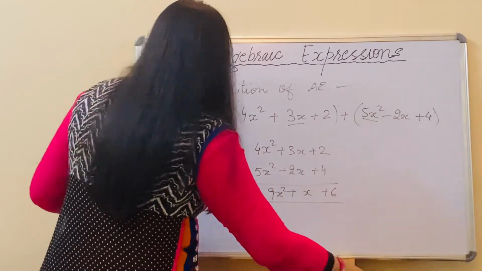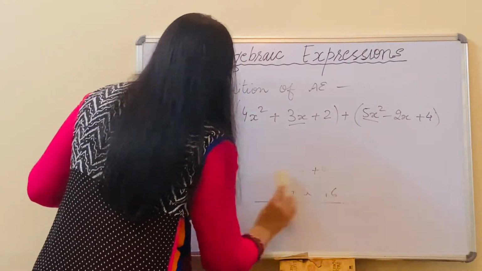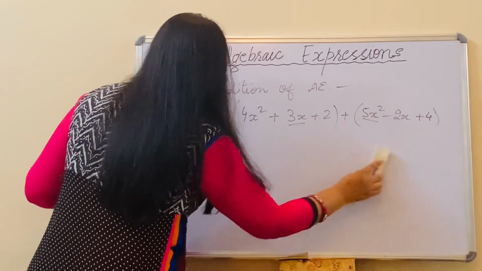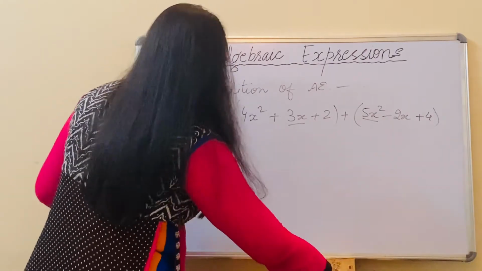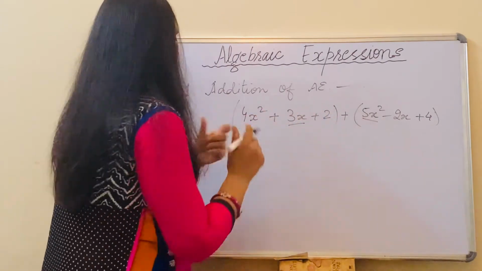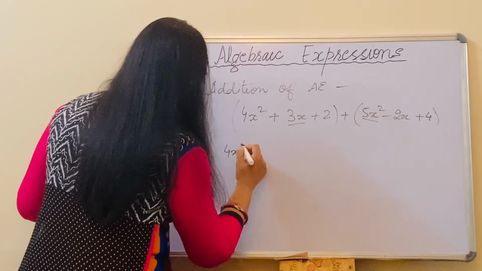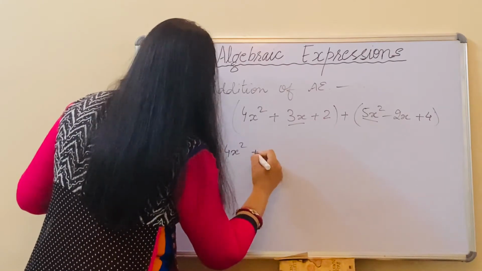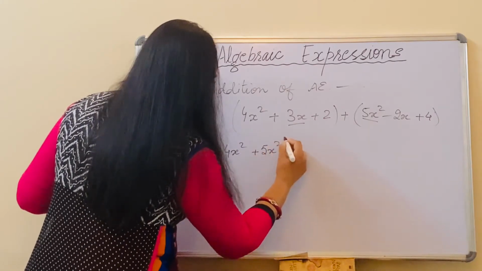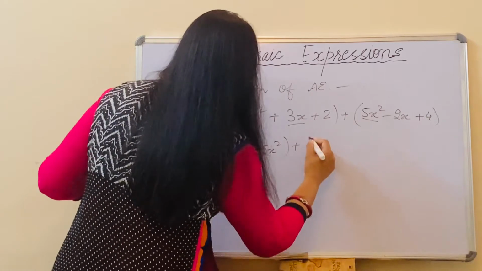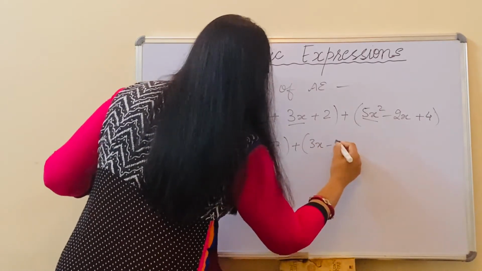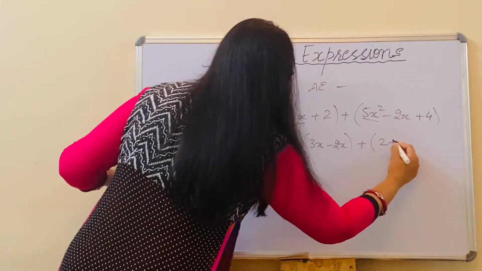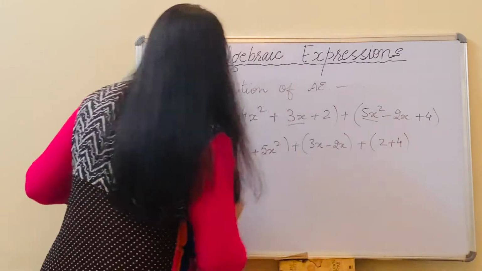The other way of solving this is that you can do the grouping of like terms. For example, 4x square plus 5x square in one bracket, plus 3x minus 2x in another bracket, plus the constant values in one bracket.